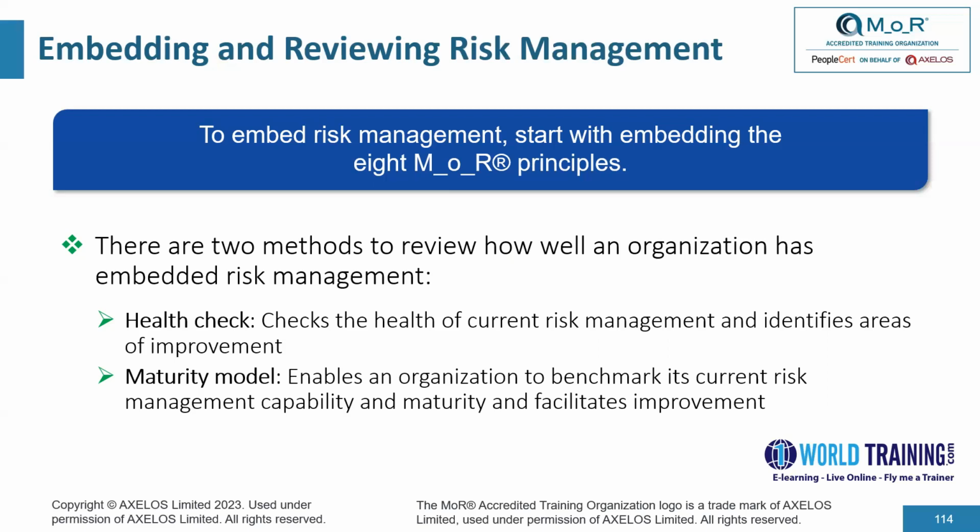That could be an example of level 0 or level 1 maturity. But then as an organization, we might want to move towards standard probability scales, standard impact scales, standard risk assessment. So those are examples of the maturity model.